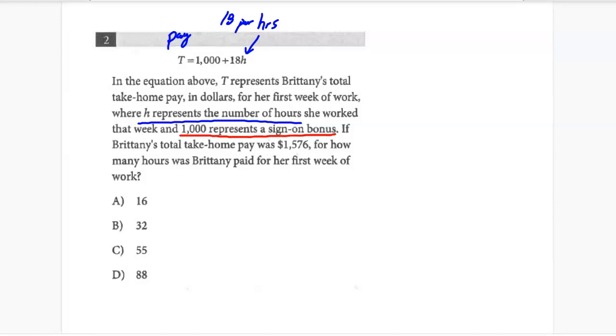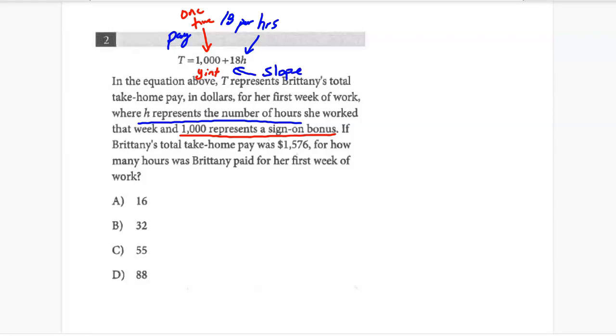Whenever you see this number by itself, that's usually some sort of one-time fee, or an activation fee or a starting amount. But thinking about the graph of this, we have slopes and we have intercepts. This one-time fee would represent the y-intercept, and this 18 would represent the slope or the rate of change.